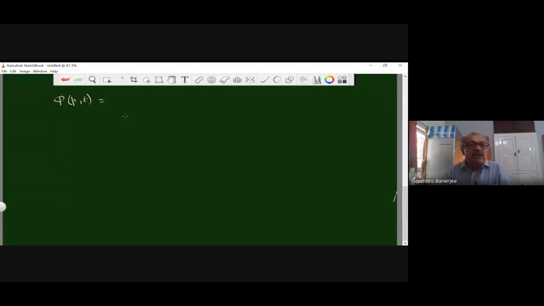This we found will be 1 by root 2 pi h cross, integral from minus infinity to infinity, psi of x, t, this is in the x basis, e to the power minus i p x by h cross dx.